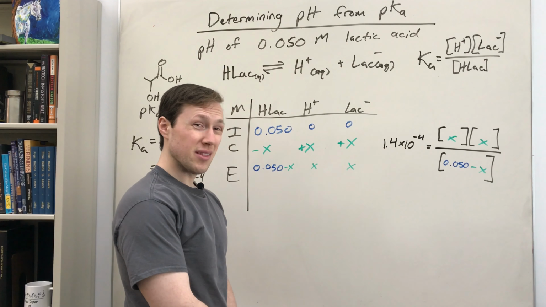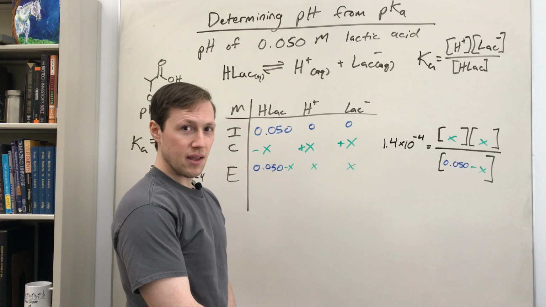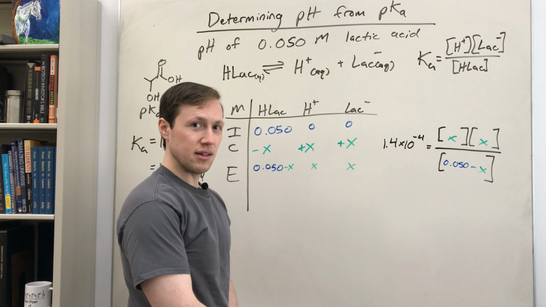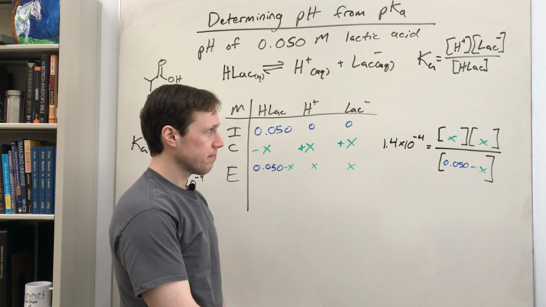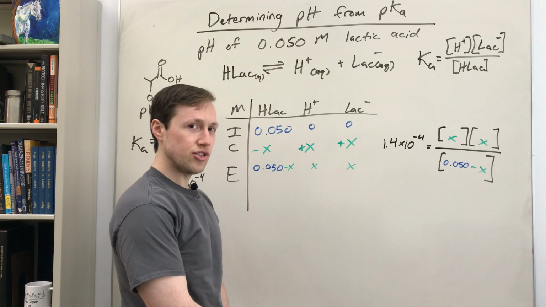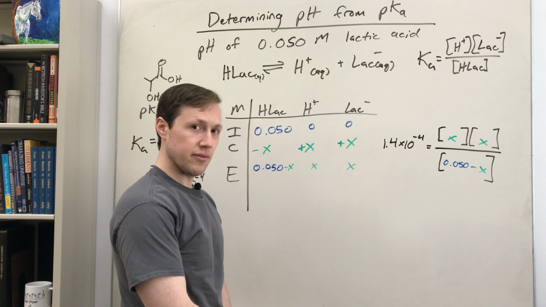In principle, this is a quadratic equation, and one that you could solve in any of the ways that you likely solved quadratic equations in high school. However, we can take advantage of the simplification that we made previously.